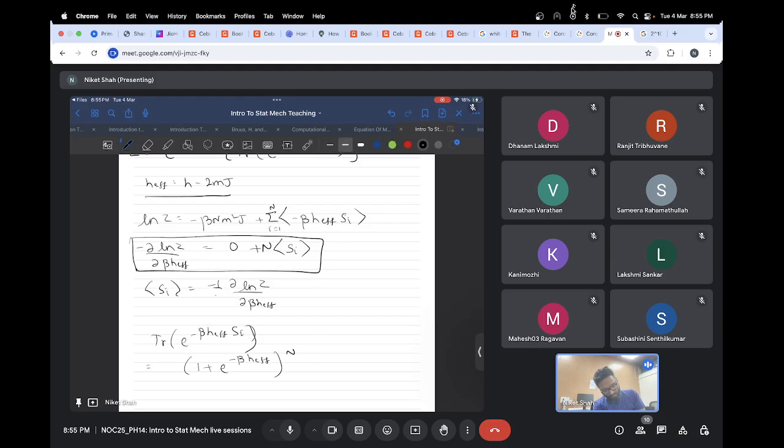This is minus 1 by n. Expectation value of si is minus 1 by n, del of ln z by del beta h effective.